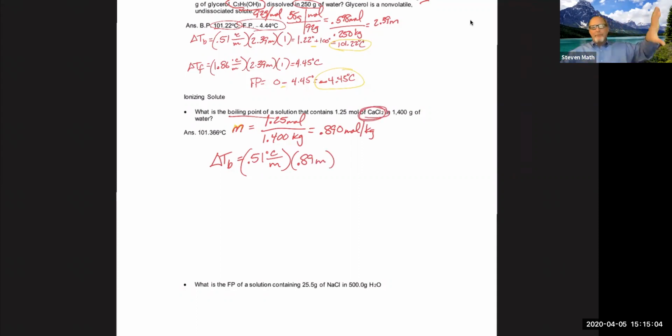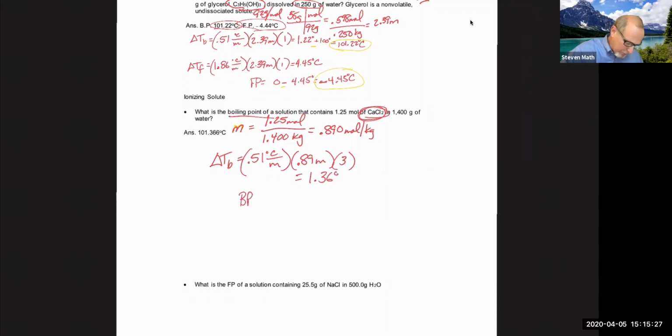That's Ca from all the way over on the left and Cl from all the way over on the right. That's going to dissociate. That's a very ionic compound. That's going to break apart into 3 particles here for us. So now we go times 3. And if we munch that together in our calculator, you're going to get a change in temperature of 1.36 degrees.